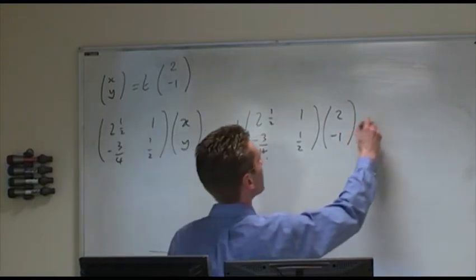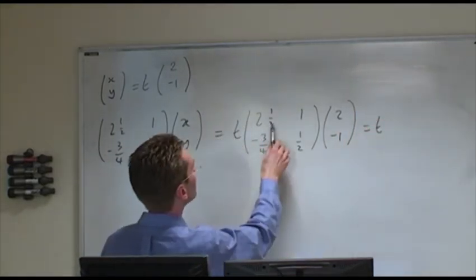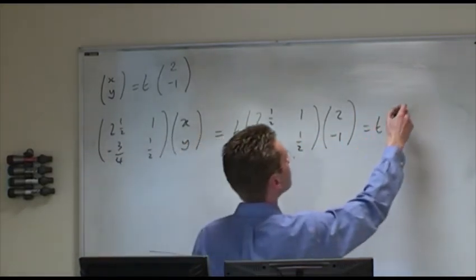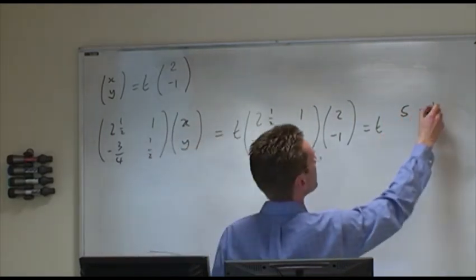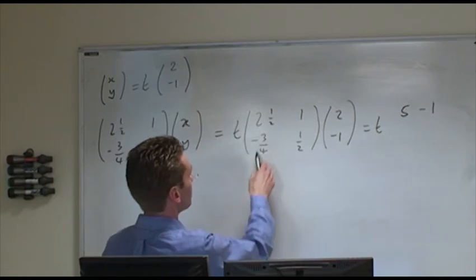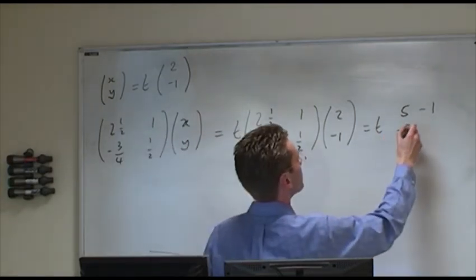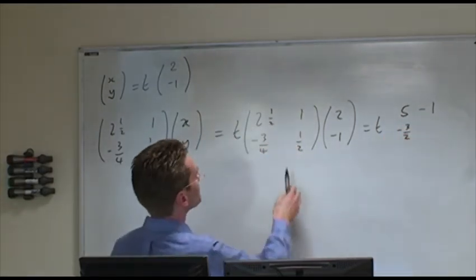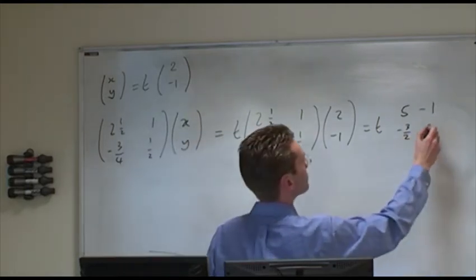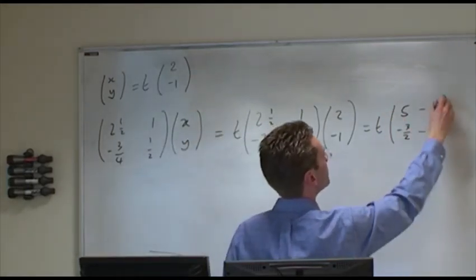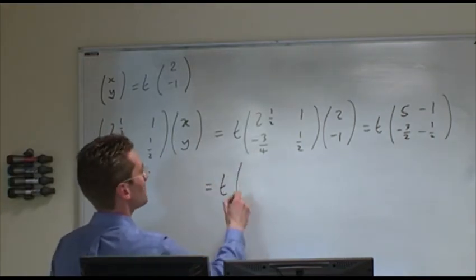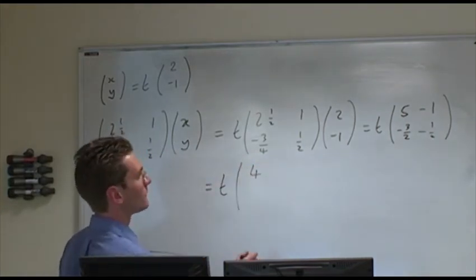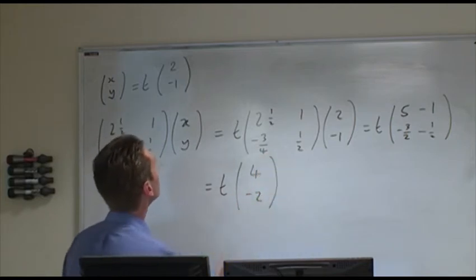If I then calculate that, I still have my t. I have 2.5 times 2, which is 5, minus 1 times 1, and -3/4 times 2, that's -3/2, plus 1/2 times -1, it's the same as -1/2. Then, simplifying that, I have (4, -2).